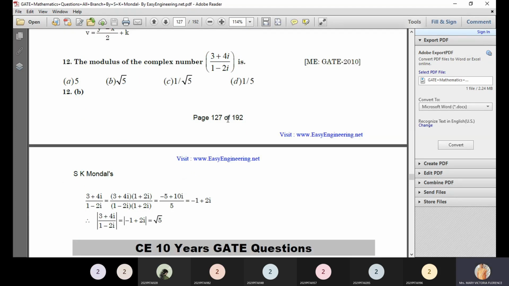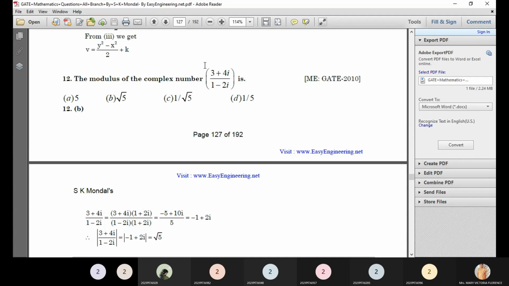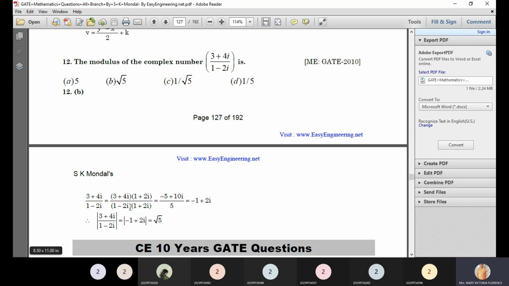Now next one is: find the modulus of the complex number 3 plus 4i by 1 minus 2i. So we have to multiply both the numerator and denominator by the conjugate of 1 minus 2i, that is 1 plus 2i by 1 plus 2i.